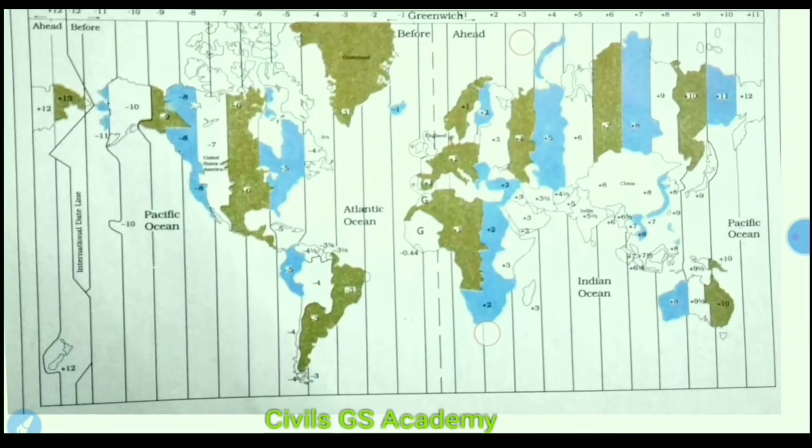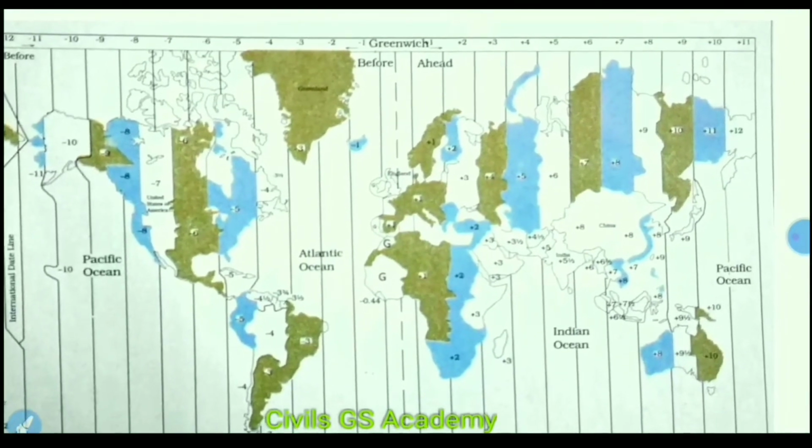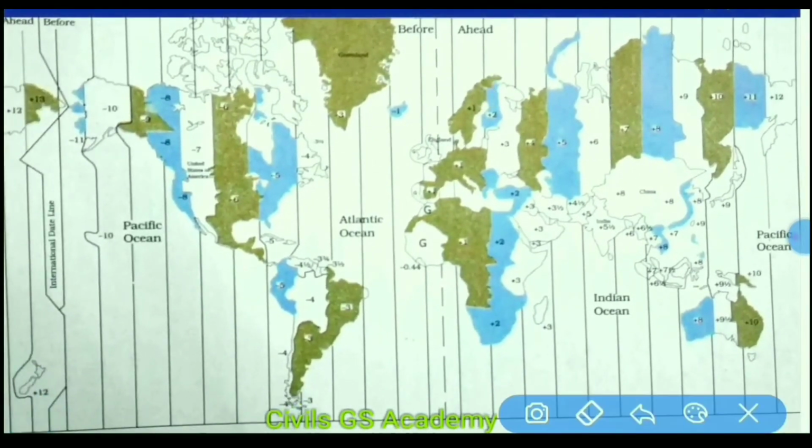See here in this figure. This is the Greenwich line, and these are the places ahead of Greenwich, and these are the places behind Greenwich.